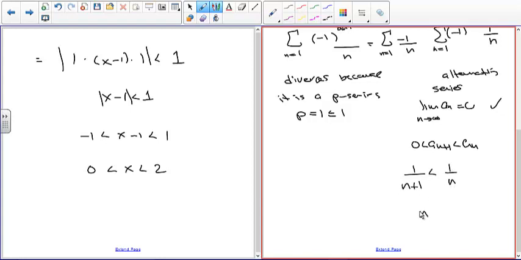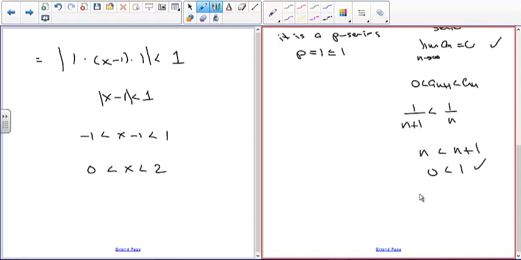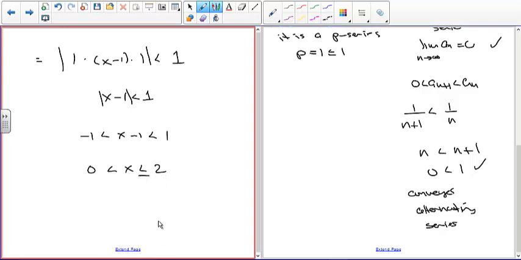If you cross multiply, you'll get n is less than n plus 1, or 0 is less than 1, which is also always true. So for this case, it converges because of the alternating series. So that's the final interval of convergence. So it converges on one side, it doesn't converge on the other.